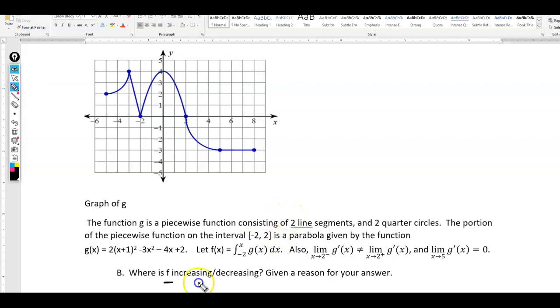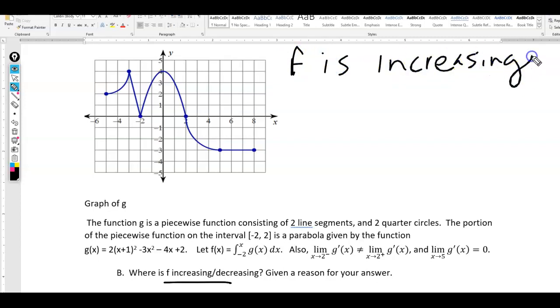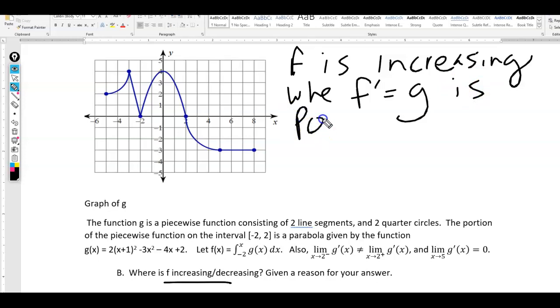Okay, so now F is increasing when F prime, which is equal to G, which we established earlier, is positive. F is increasing when F prime, which is the same thing as G, is positive. In other words, when the slope of F is positive, right?